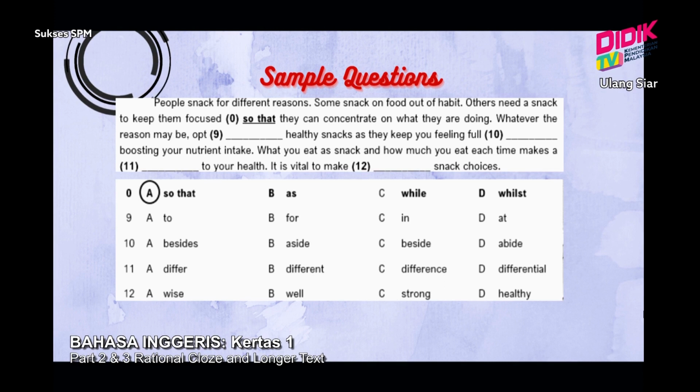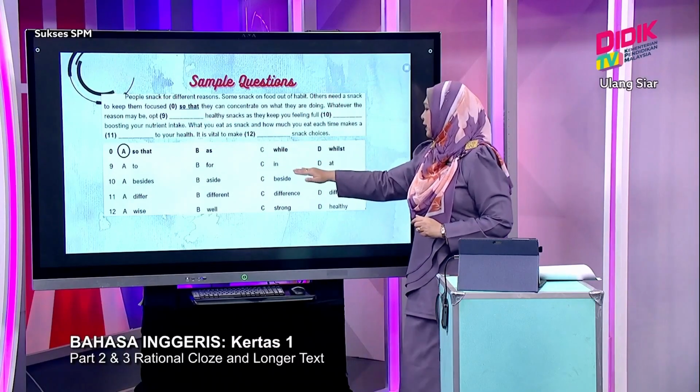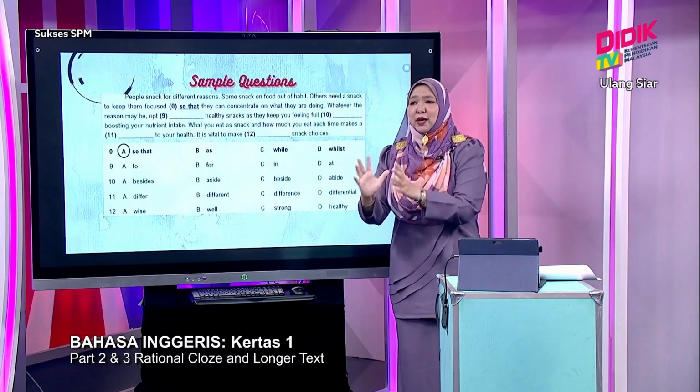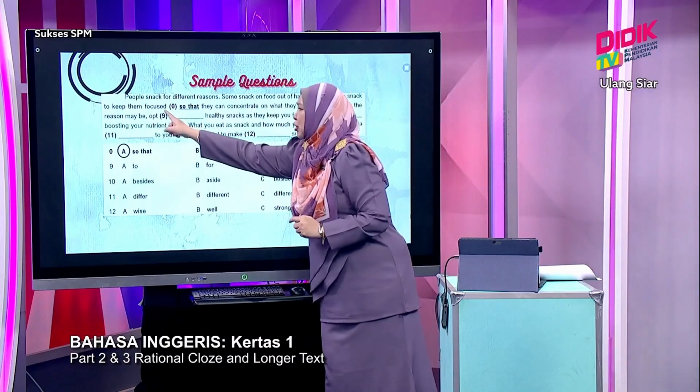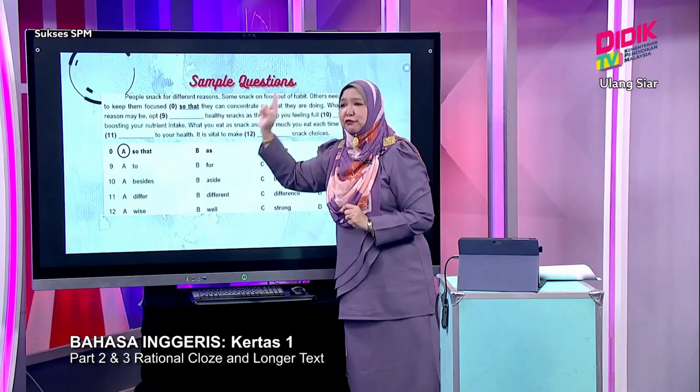Whatever the reason may be, the first blank here, number 9, we have options A, B, C, and D. Is it opt to, opt for, opt in, or opt at healthy snacks? So, opt what? Do you know what opt is? Here we need a phrasal verb.